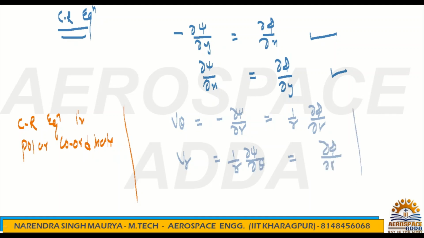Here also you can interchange: 1 by r dou phi by dou theta is equal to minus dou psi by dou r, and dou phi by dou r is equal to 1 by r dou psi by dou theta. It is interchangeable now, right? This comes from the CR equation, which is called the Cauchy-Riemann equation.